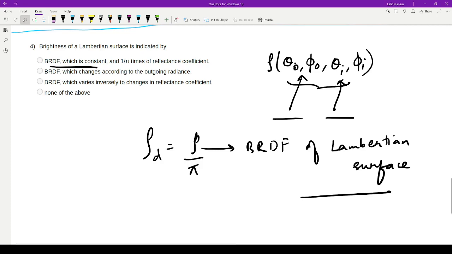Any doubts on this question? Someone posted a question.